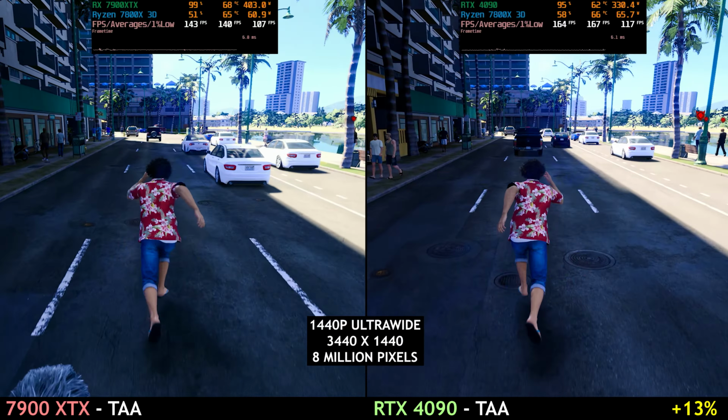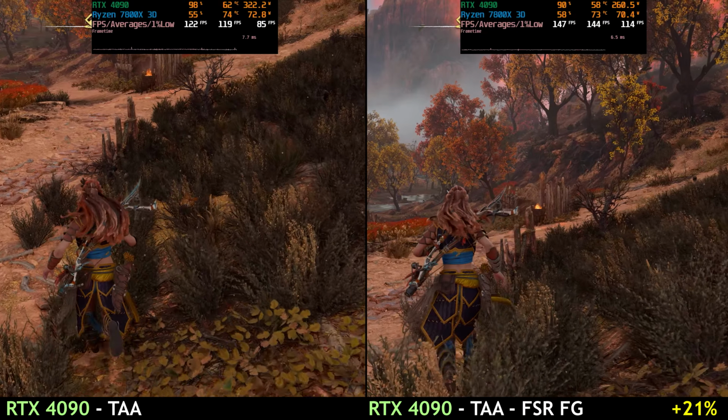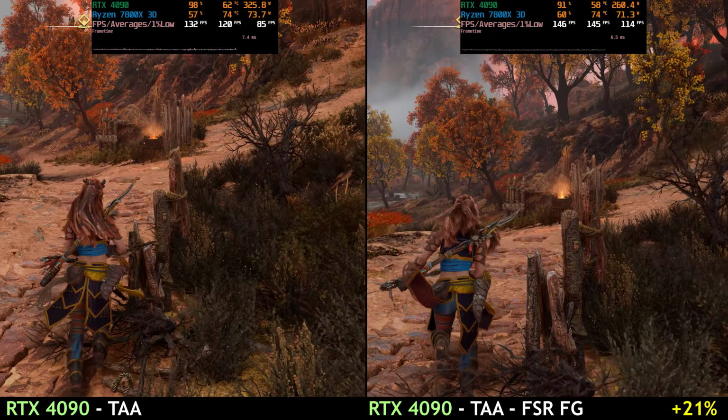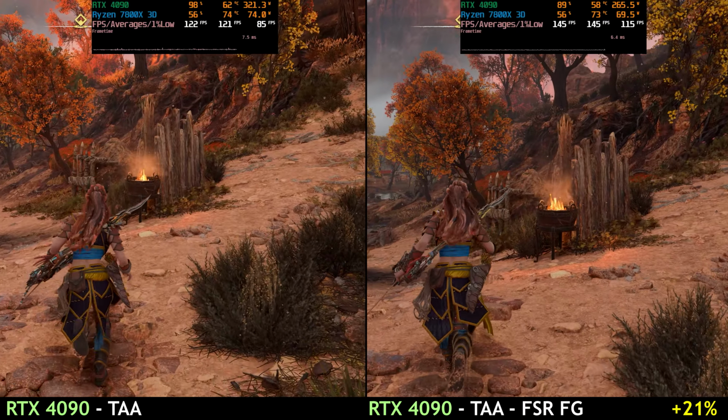And what about the RTX 4090? Is it going to be able to match FSR 3 on the 7900 XTX like it did the last two games? Not so much. At native 3440 by 1440 TAA, we averaged 120 FPS on the RTX 4090.